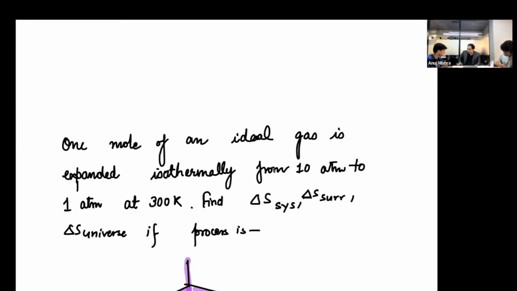So then you integrate. P is nRT, capital letter T, upon V. So this whole thing upon T. Just cut T here. dq is dU plus pdV.